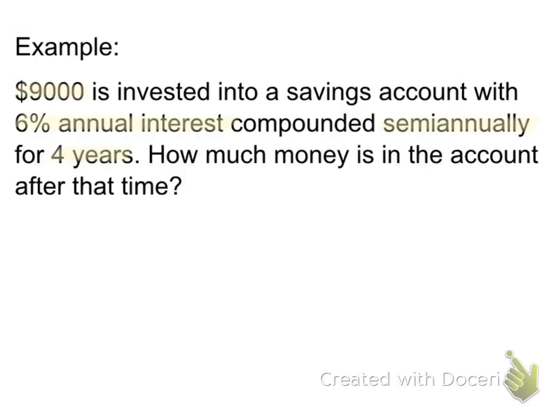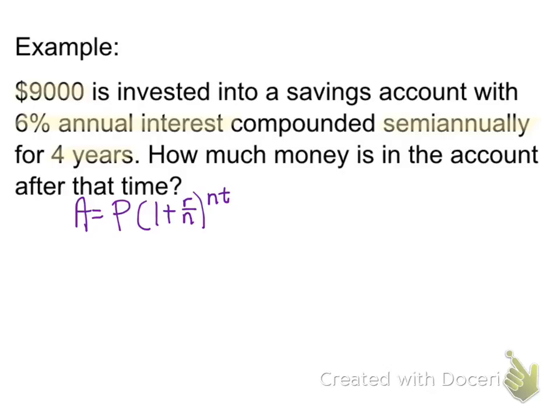That means we're going to be using the formula A equals P times (1 plus r over n) to the nt power. Now we just have to plug in the appropriate values in their correct location.